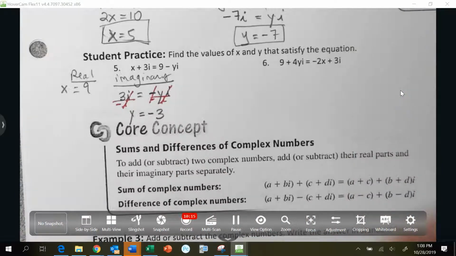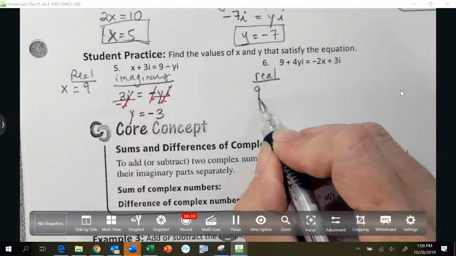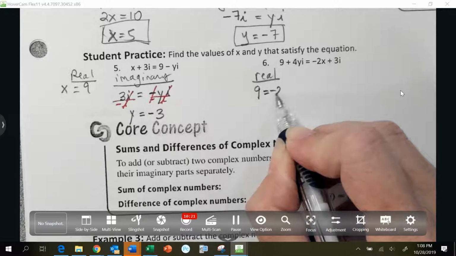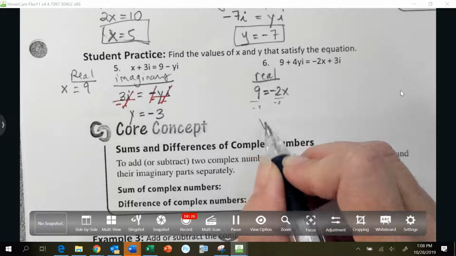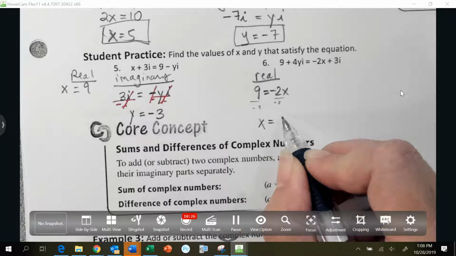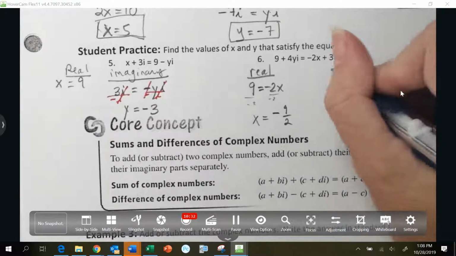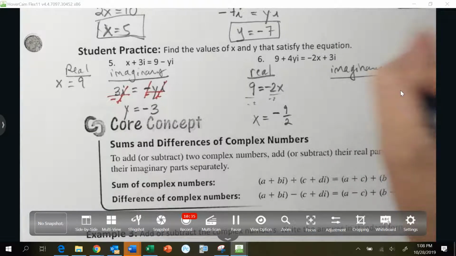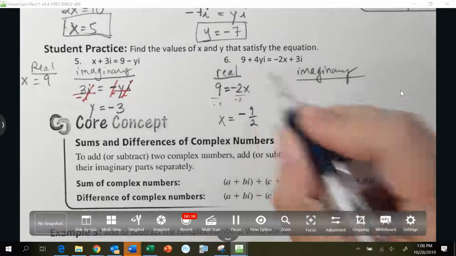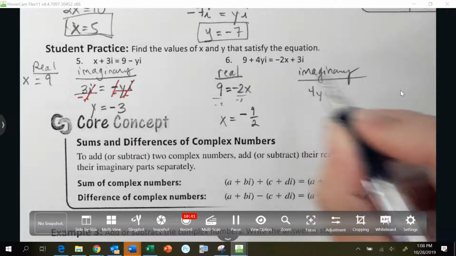One more. Where's my real stuff for number 6? 9 equals negative 2x. Divide both sides by negative 2. What is x? It is negative 9/2, or negative 4.5. Now the imaginary: 4yi equals 3i.